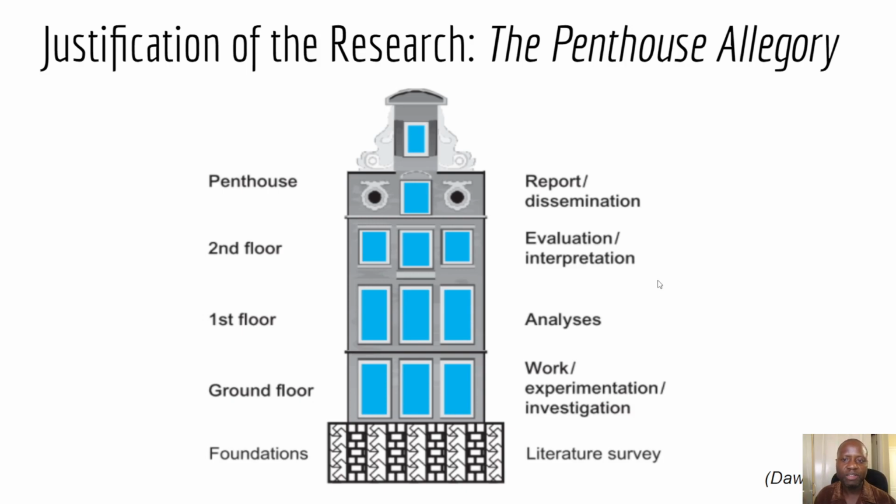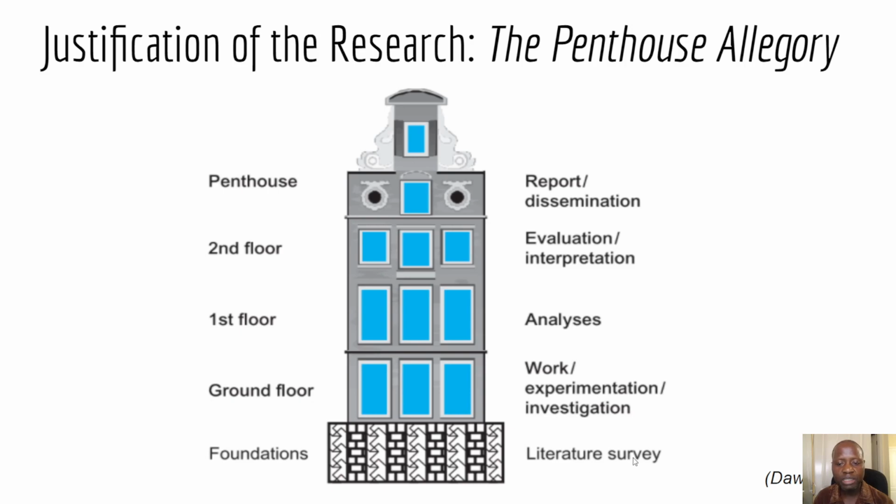Right. When you use literature to justify your research, which is one of the most important aspects, you may want to consider the allegory of a penthouse. A penthouse has got foundations, it has a ground floor, and then a first floor, a second floor, and the very top, which is the penthouse, right? You can liken this structure to a literature review.